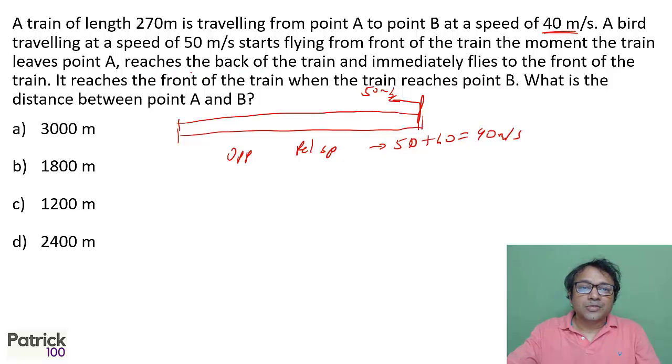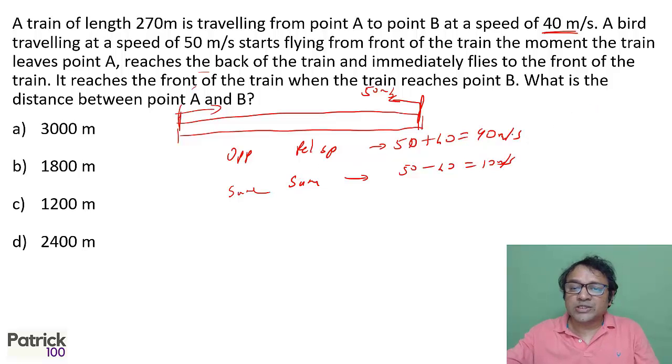It reaches the back of the train and immediately flies to the front of the train. So now they're going in the same direction. After reaching the back, when it wants to go to the front of the train, they're going in the same direction, so the relative speed will be 50 minus 40, which is 10 meters per second.